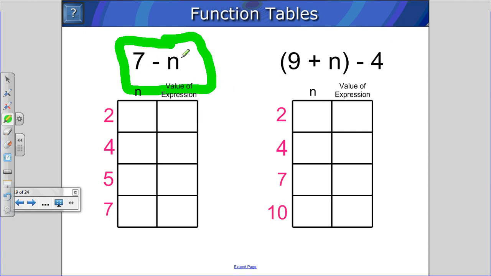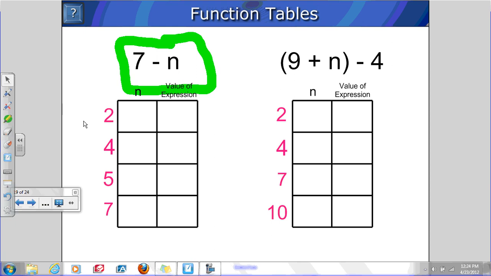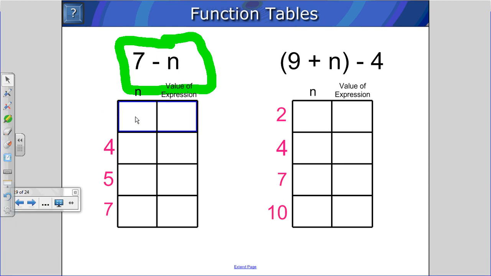If you plug in 2, it should come out 5. That's right, 7 minus 2, just like we did on the last page. Let's try 4. 7 minus 4 is 3. How about 7? 7 minus 7 is going to be 0. It's pretty simple.